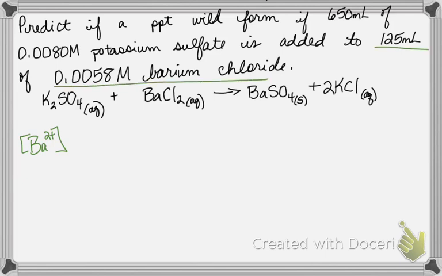We're going to do an M1V1 equals M2V2, where the barium chloride concentration is M1. It's 0.0058 molar. The volume of that I'm using is V1.